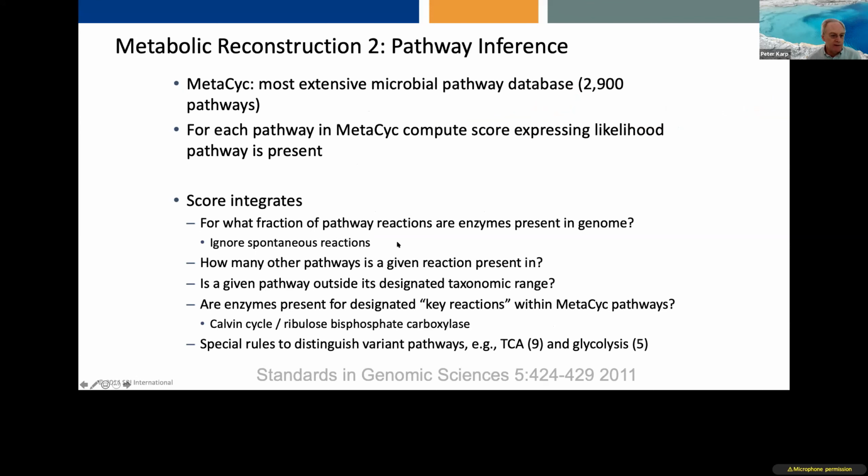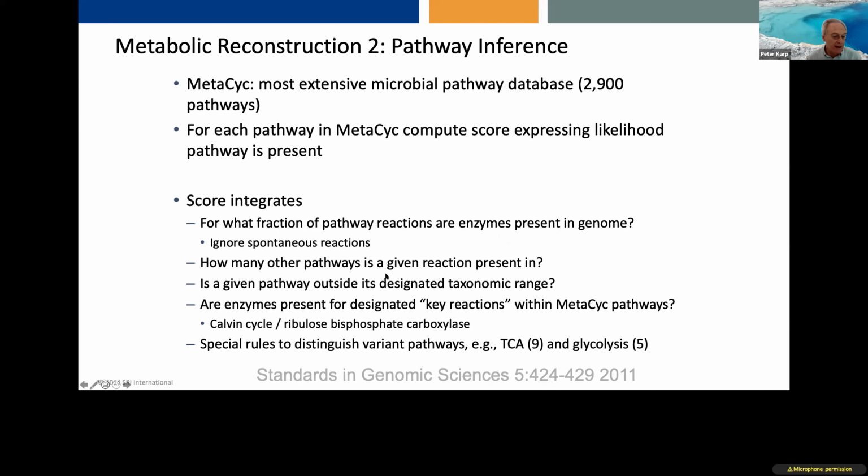It indicates what fraction of pathway reactions have enzymes present in the genome, ignoring spontaneous reactions, which of course don't require an enzyme. So if we have a pathway of 5 reaction steps, if every reaction has an associated enzyme present, then that pathway is going to get a very strong score.